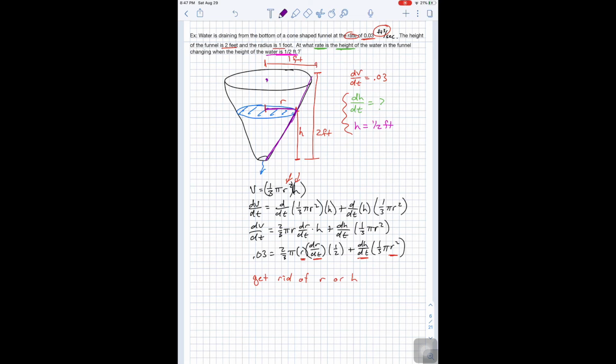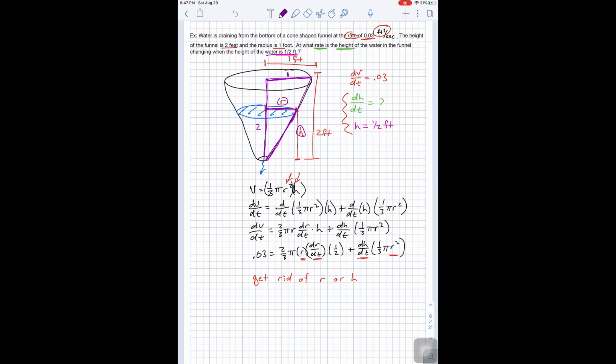Let me draw this a little differently here into the middle. Okay, so this is the radius of the cone, which we said was 1. This is the height of the cone, which we said was 2. And then in here is a tinier triangle that is the radius of the water and the height of the water.